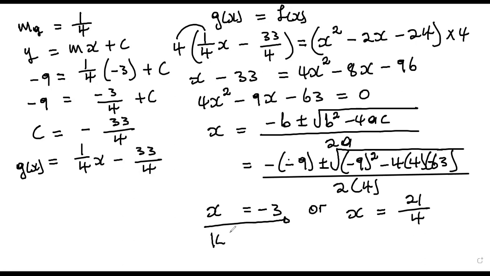Why? Because they told us that the coordinates of K are -3 and -9, and we understand that K is one of the points of intersection. So it makes sense to get this one. But the actual x value we are looking for is x equals 21/4.